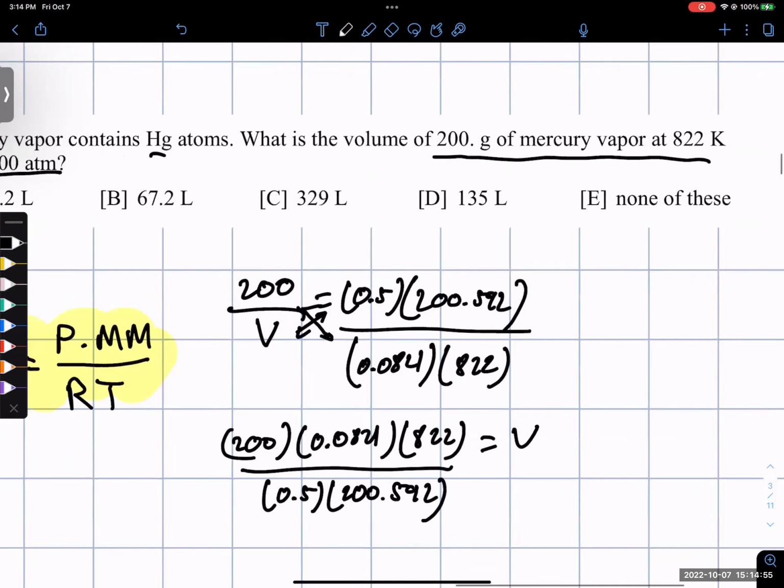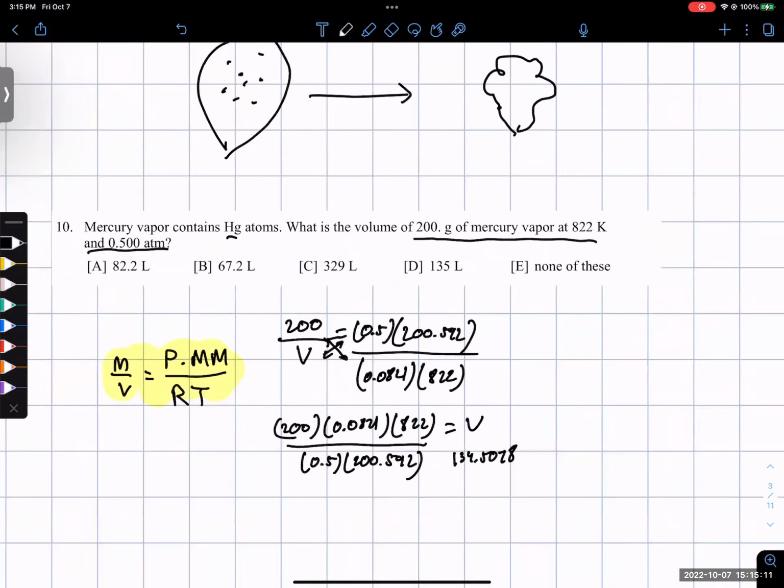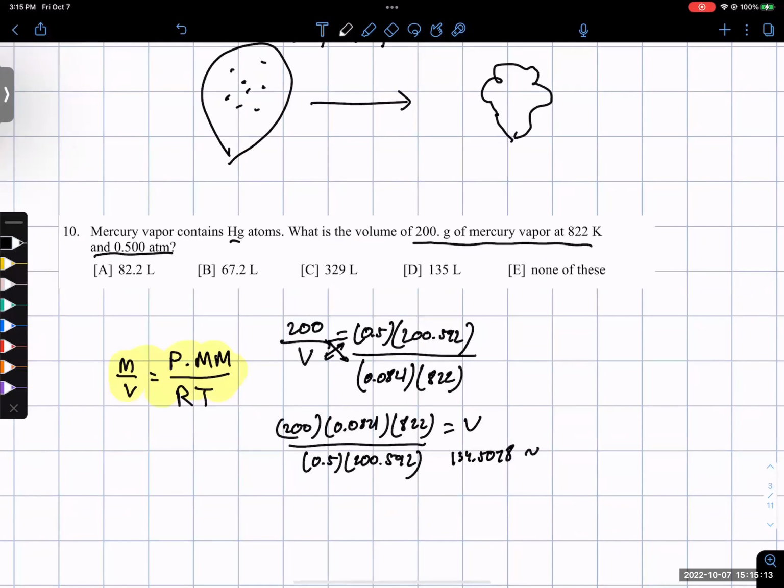If we solve this out, we get 134.57400608. All those digits are important. That's approximately close to one of the answers, which is 135 liters. So our answer choice would be E.